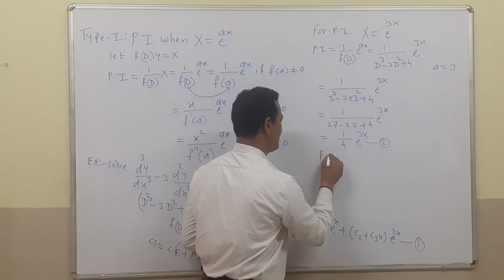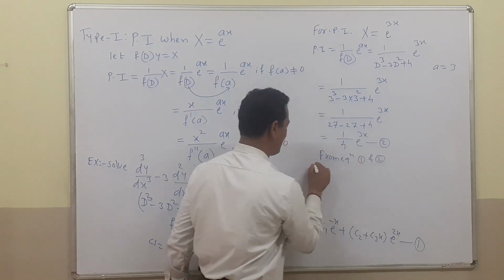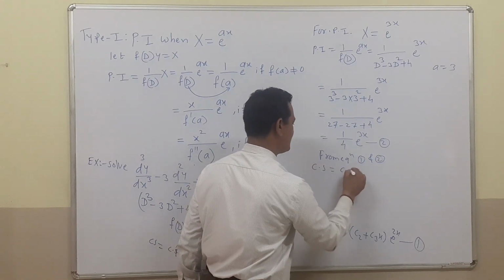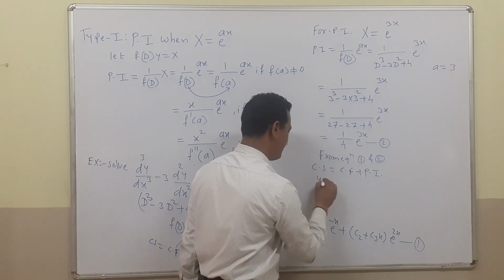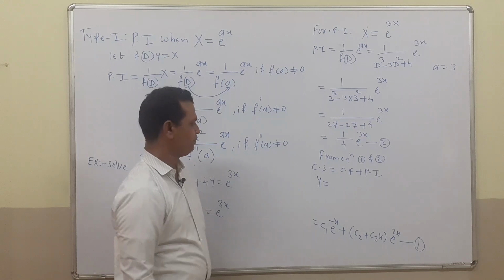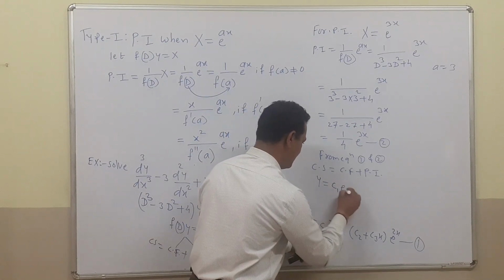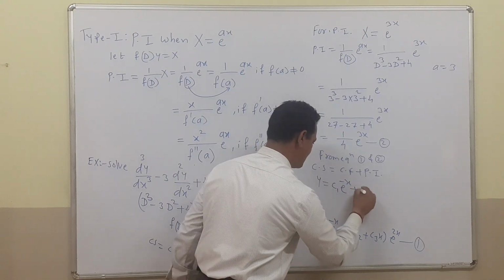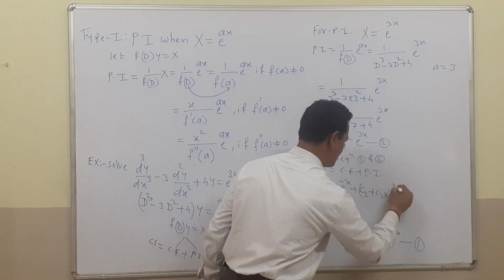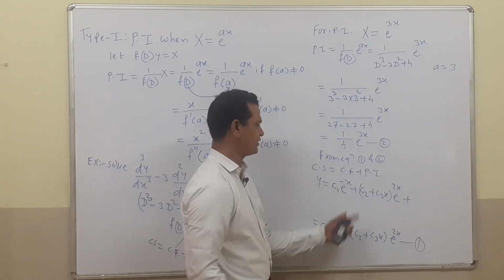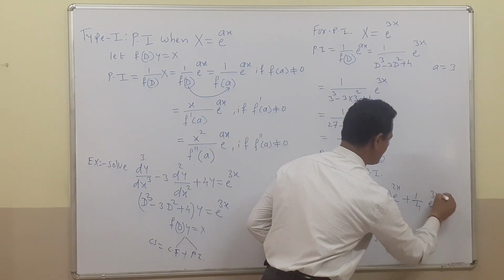Now from equation 1 and 2 we get the complete solution as the sum of the complementary function and the particular integral. We denote the complete solution by y, which is the sum of these two. The complementary function is c1 e raised to minus x plus c2 plus c3x, e raised to 2x, plus the particular integral, 1 upon 4 e raised to 3x.